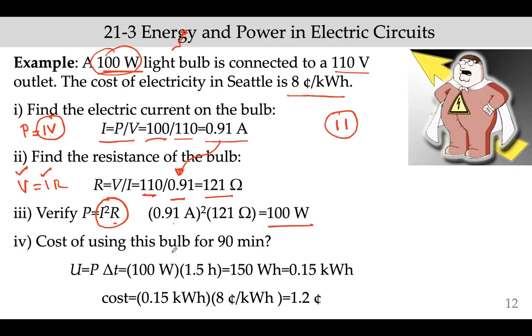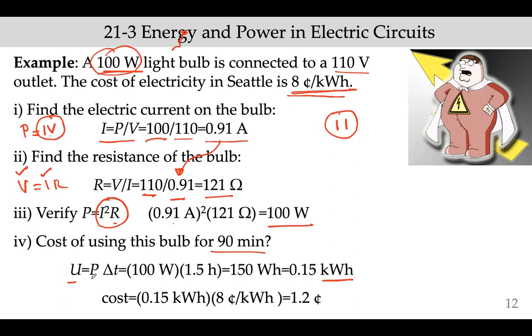Now, what is the cost of using this bulb for 90 minutes? Here, the cost per energy is given in terms of kilowatt hours. I can convert it to joules, but there's no need for that. What you can do is calculate the energy in units of kilowatt hours.